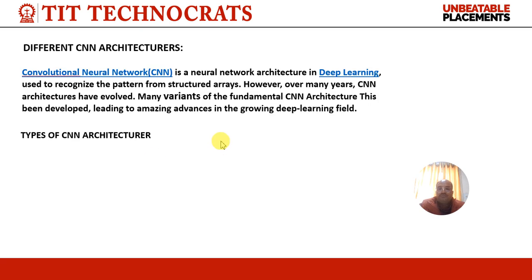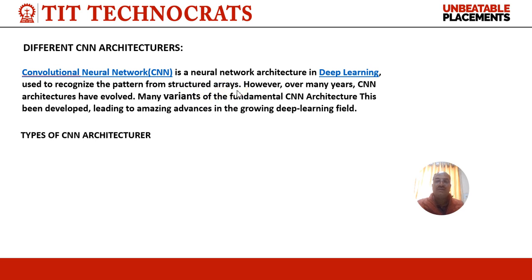So now, these are the important parts of the CNN. CNN is a neural network architecture in deep learning used to recognize patterns, structure and arrays.